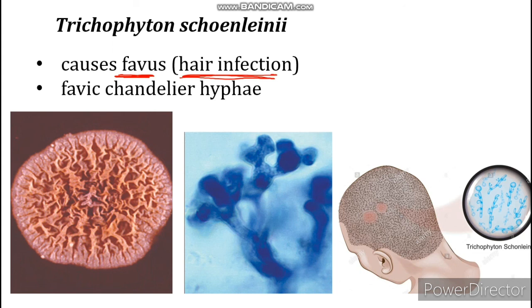Aside from that, it has a favic chandelier hyphae. Ano ang itsura ng favic chandelier hyphae? Yung chandelier, parang napagsabi ko. Ayan, mukha siyang baligtad na chandelier. Okay? And then, sa schoenleinii, usually it occurs on the hair part daw. So, tatandaan to, okay?